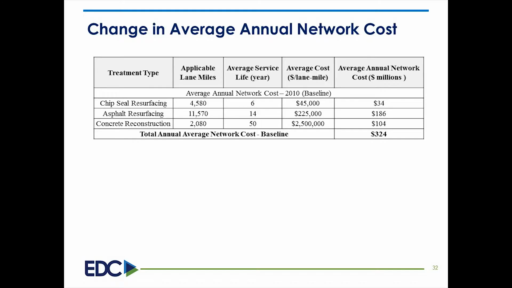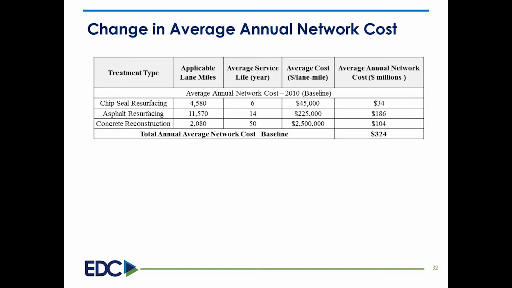Now, in terms of determining how much this has saved us, we started with a tabulation of a baseline. This is a 2010 baseline, and some of the strategies that I've been talking about, the strategic maintenance and the chip seal conversions. This is the total cost that would be involved given our total network of certain types of roads, the average service life we were expecting, and the average cost.